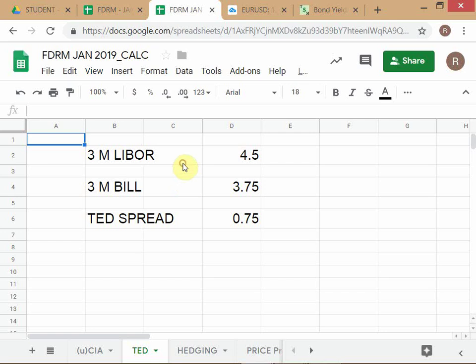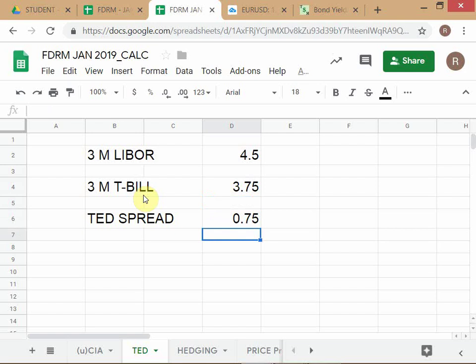We did this calculation already. We find 3-month LIBOR is 4.5%, and 3-month T-bill is 3.75. So the TED spread is 0.75, because 4.5 minus 3.75.